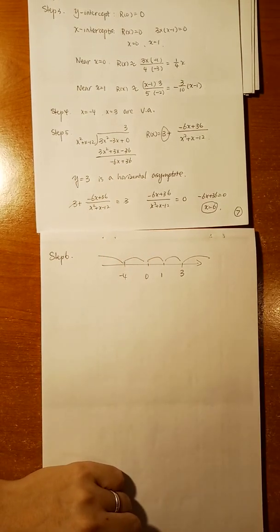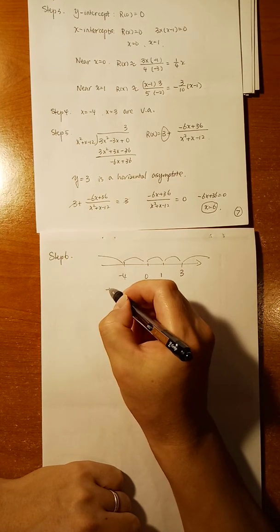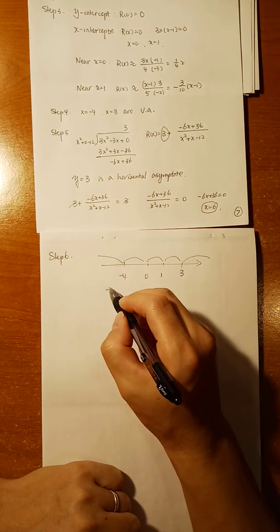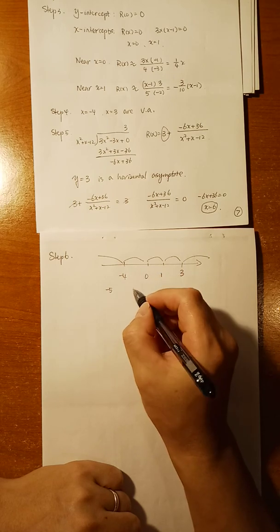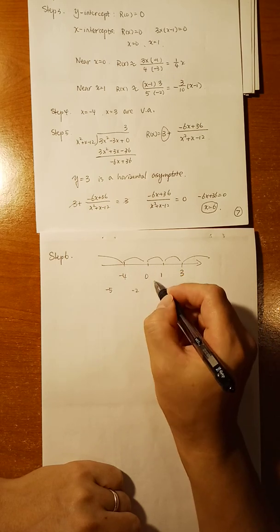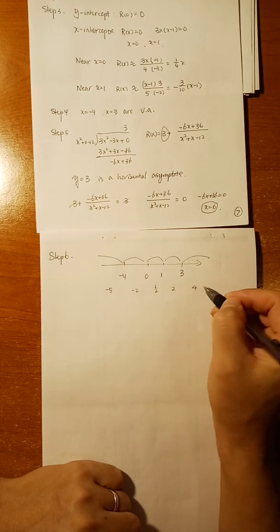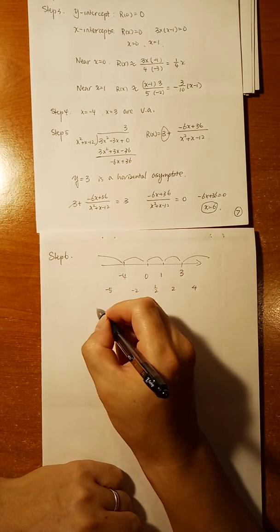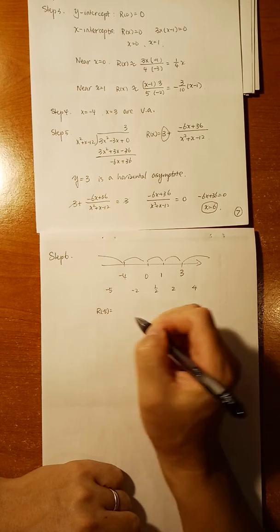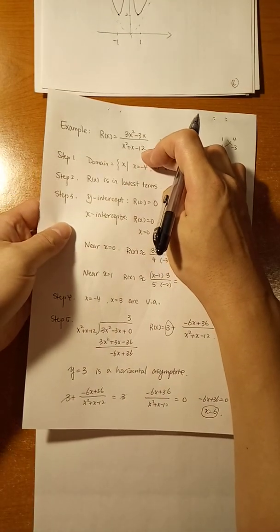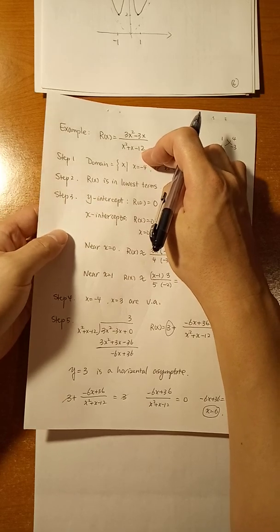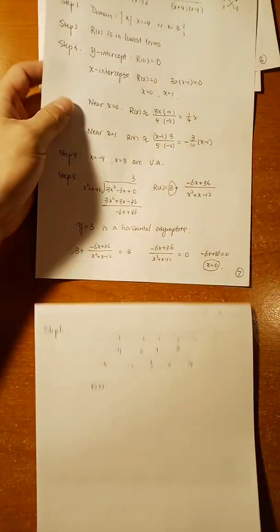And then we pick a sample point from each subinterval and determine the value. Here we pick negative 5. Here we possibly pick negative 2. Here we pick 1/2. Here we pick 2. And on the right side we pick 4. So you evaluate r of negative 5 in the original function, you let x be negative 5 and do the computation.